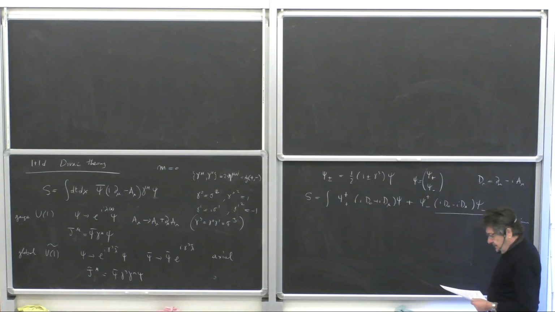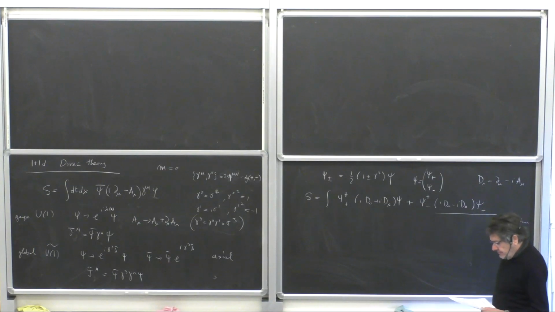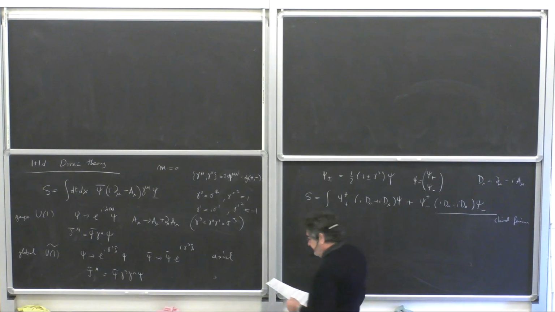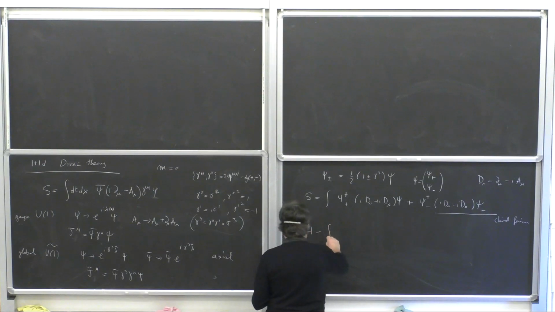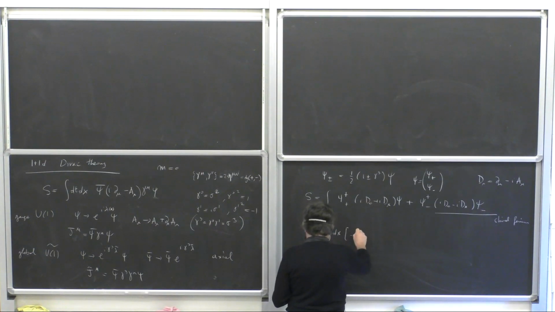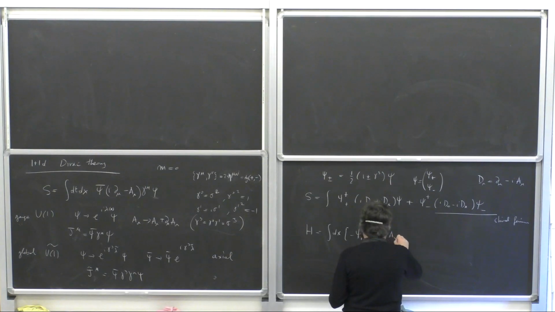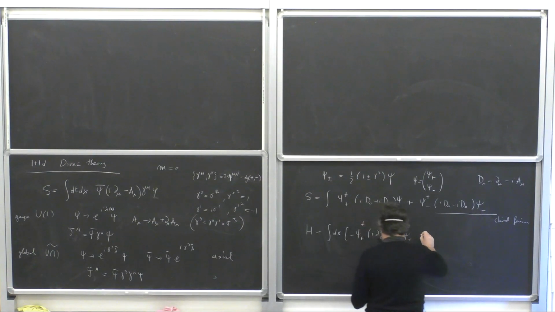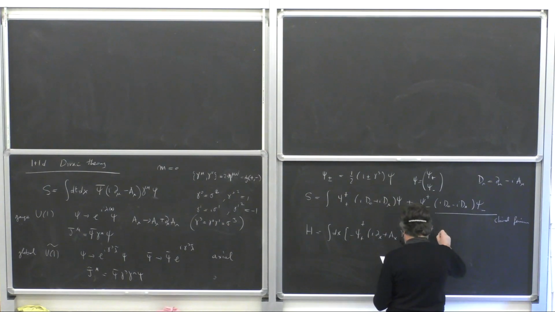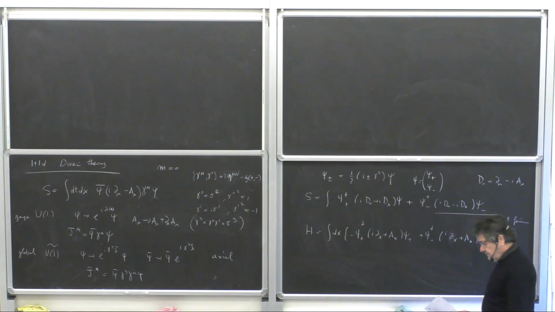And so also the Hamiltonian splits in two components, pi plus and pi minus.